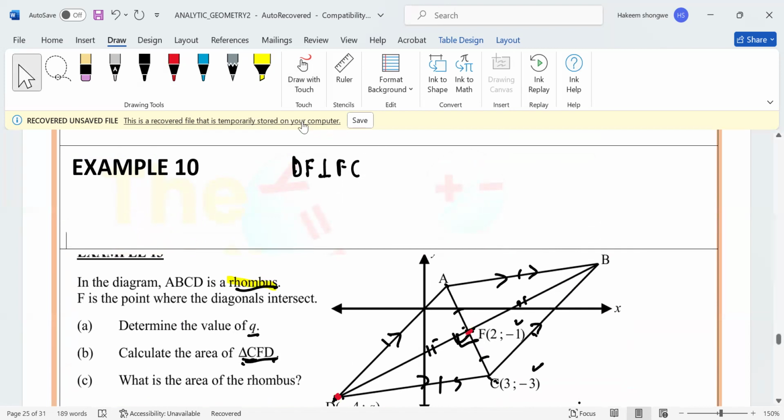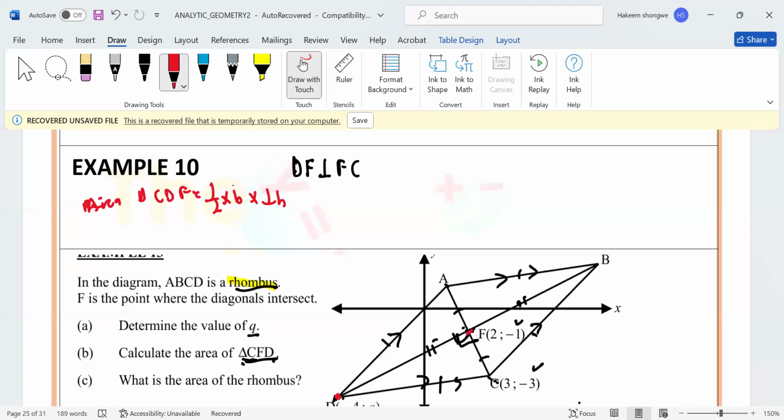Now, how do you calculate the area of CDF? The area of triangle CDF is going to be given by half multiplied by the base, multiplied by the perpendicular height. This formula for area doesn't change. In grade 10, we only calculate the area of a right angle triangle. We'll calculate other areas in grade 11.